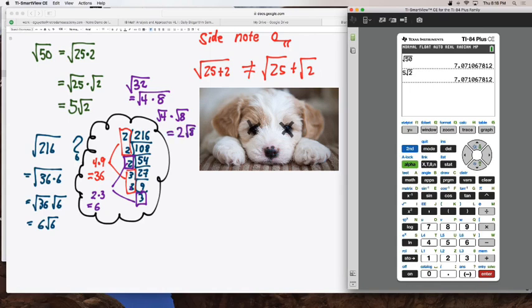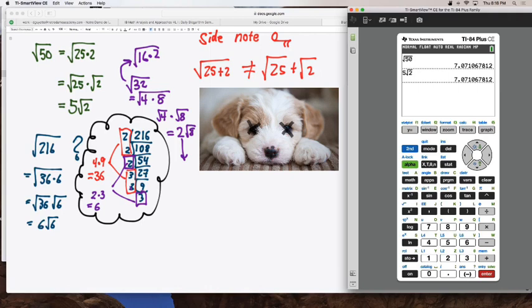Now, that is in fact mathematically true. 2 square root of 8 is equal to the square root of 32. However, it's not completely simplified because 8 still has a factor of 4 in it. So you could either continue to simplify, or you can start over from 32 and just say, oh yeah, silly, that's 16 times 2. And that's a little bit more direct path.